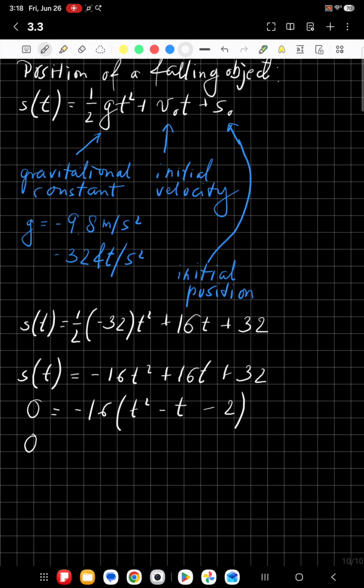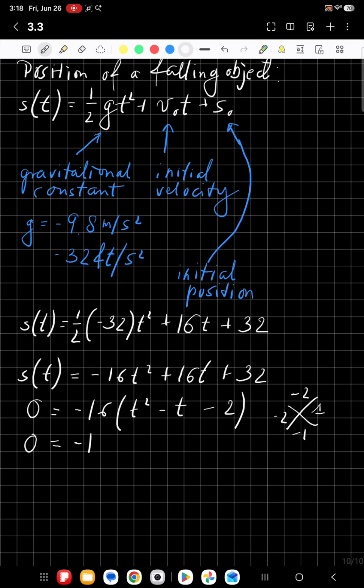Here a is 1, c is negative 2, and b is negative 1. So those numbers will be negative 2 and 1. When you multiply them, they give you negative 2. When you add them, they give you negative 1.